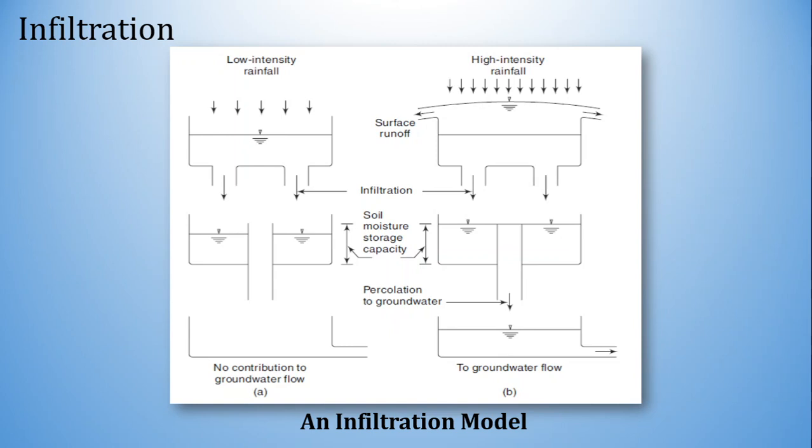For low intensity rainfall there is no contribution to the groundwater flow, and in case of high intensity rainfall, even after the surface runoff, infiltration, and percolation, it contributes to the groundwater flow. This is the soil moisture storage capacity. In both the cases, it is different. In case of low intensity rainfall, though the capacity is more, you are not acquiring that much capacity. But in case of high intensity rainfall, the entire soil is getting moistened.